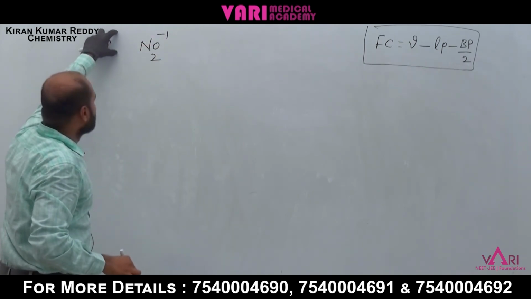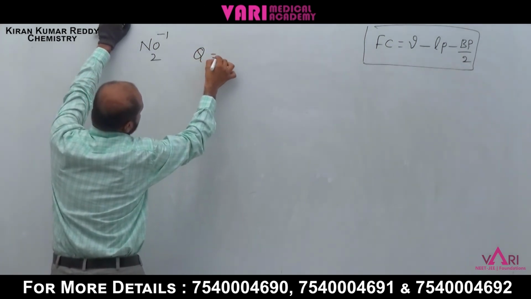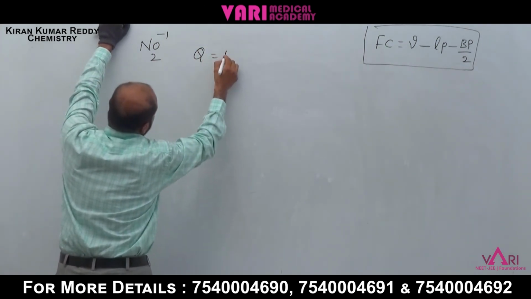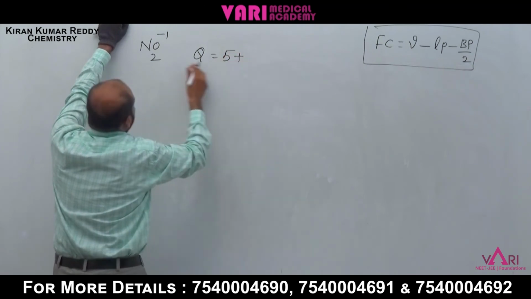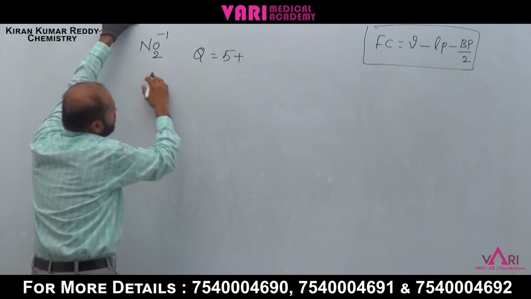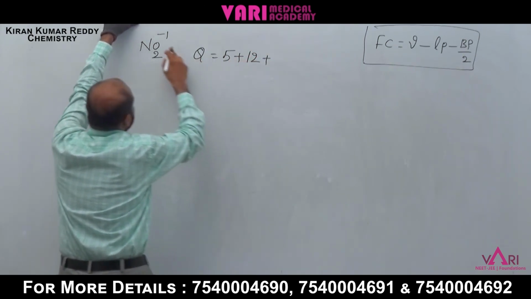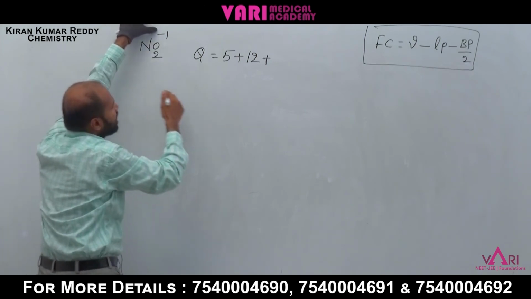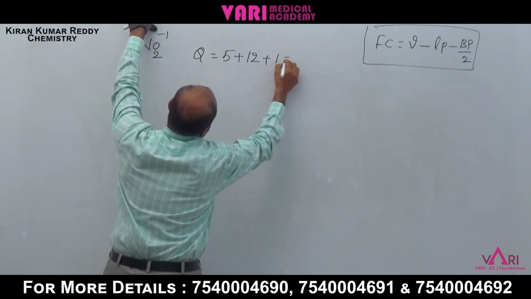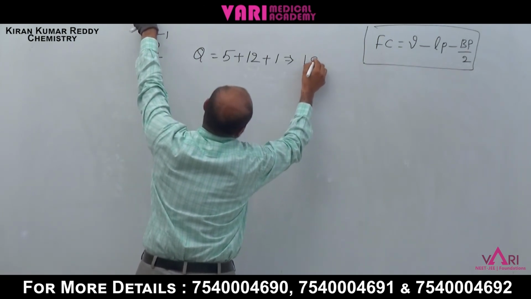Next, NO2 -1. Nitrogen belongs to the fifth group, so the total number of electrons Q is: nitrogen is 5. Next, how many oxygen atoms are there? 2 oxygen atoms, 6 into 2 is 12, plus the negative charge. A negative charge means add one, so 12 plus 5 plus 1, 18 electrons are present.